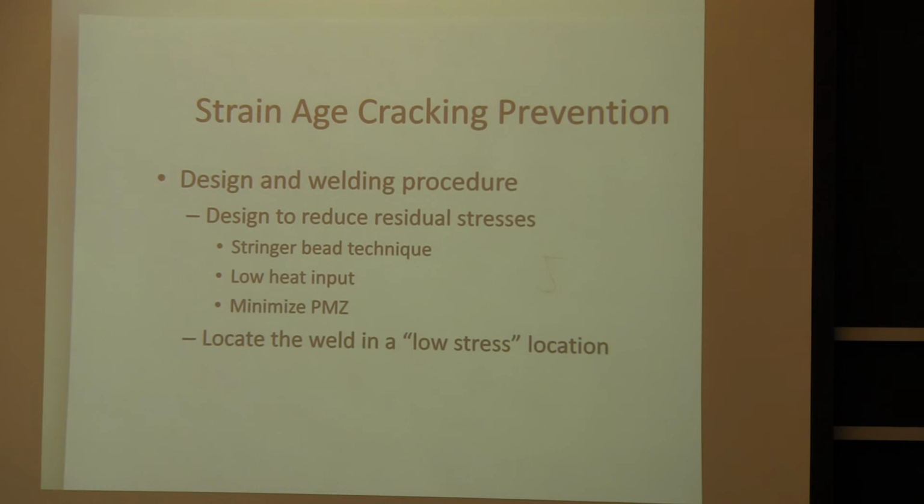You can use that stringer bead technique that I talked about, making a series of smaller welds rather than a large weld. You can use processes that put a low heat input into the material, and you can also try to minimize the PMZ, which is the partially melted zone, which is that region in the heat affected zone that's melted along the grain boundaries.